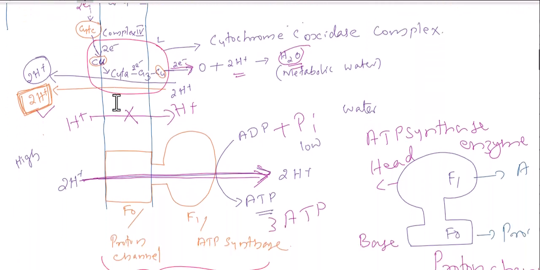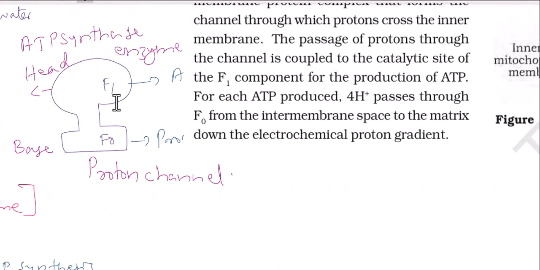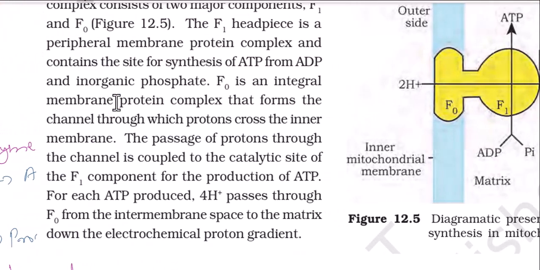But in our new NCERT text, it is given like this. What is the difference we can see? For each ATP produced, 4 hydrogen ions pass through FO from the intermembrane space to the matrix.